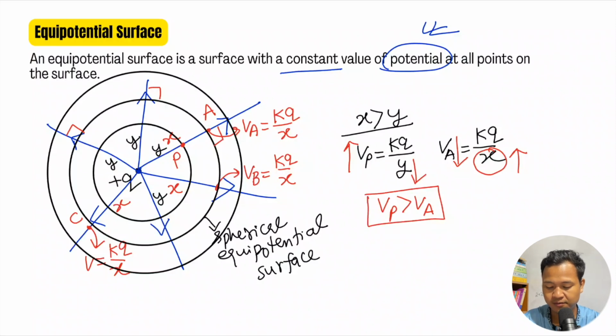Okay. You can also say it like that in terms of charge: the electric field direction goes from higher potential to lower potential. Here Vp is the greater potential and Va is the lesser potential, so the electric field goes from higher to lower.